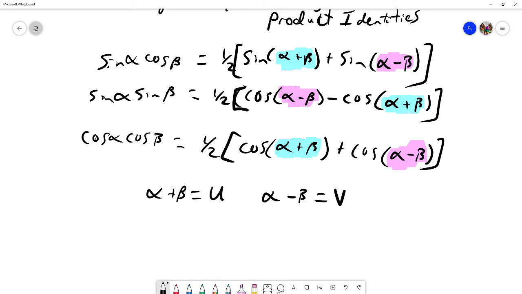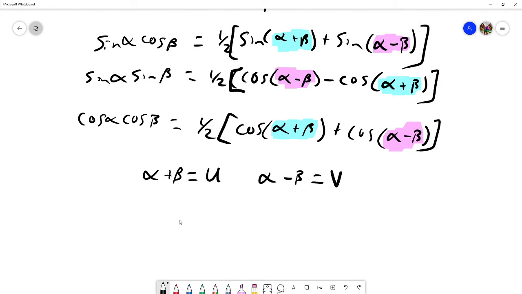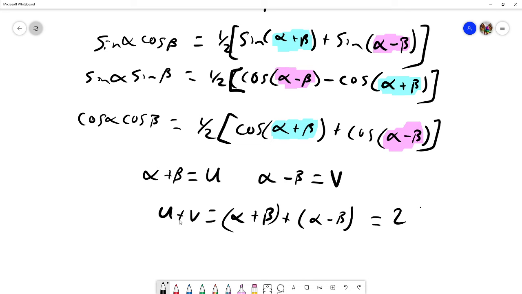Then we can start rewriting this. If we want to figure out what u plus v looks like, that's going to be alpha plus beta, because that's u, plus alpha minus beta, that's our v, which is 2 alpha.